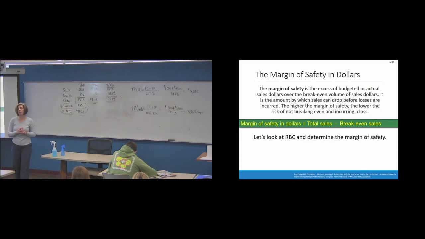Even if my sales drop from 25 to 20, I'd still be able to pay all my bills. So it gives you that little bit of range. I call it a safety net. That's why they call it margin of safety, right? Margin means extra, so it's a little bit of extra over your break even that you could lose and still cover your bills. There are three ways of expressing margin of safety.